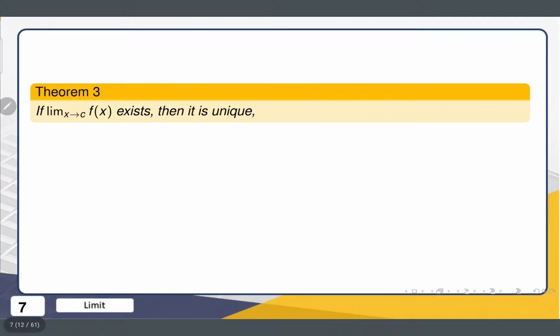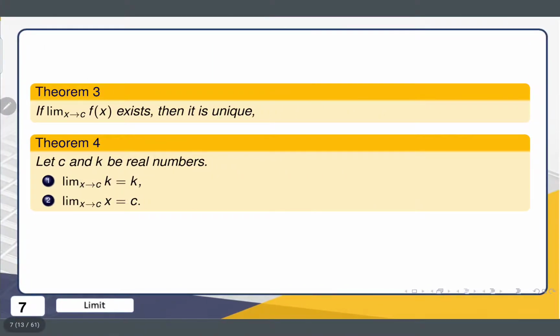Okay, and what are the properties? The first property, theorem 3: if the limit as x approaches c of f(x) exists, then it is unique. So the value cannot be more than one.